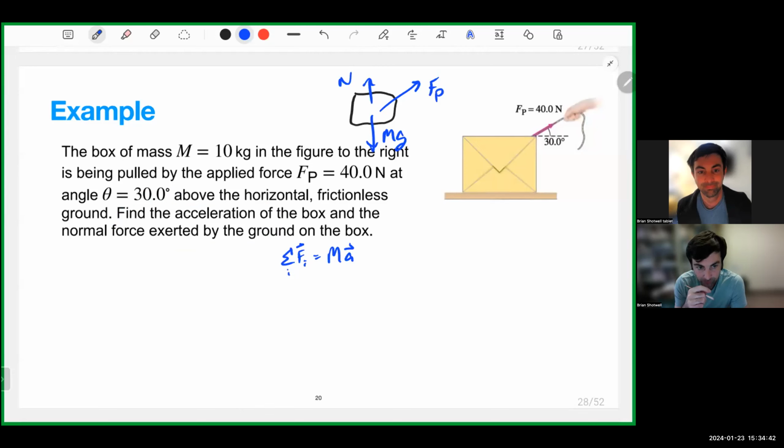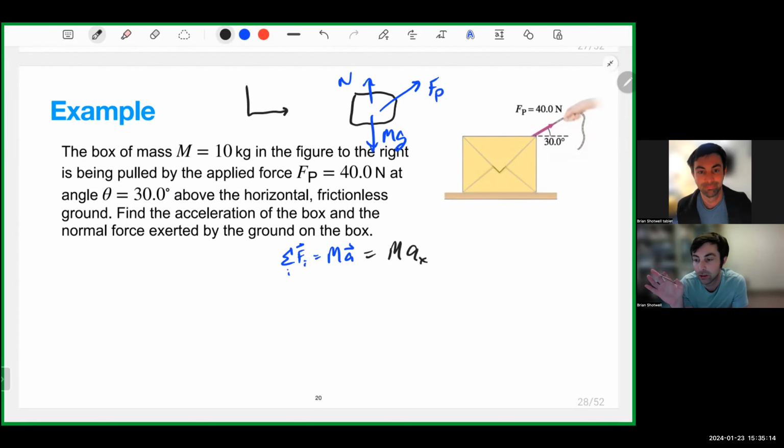However, it says that the box is being pulled by an applied force, and there's no mention of it lifting off the ground. And I guess they even told us that there's a normal force there. If it lifted off the ground, there would be no normal force. So the acceleration, we don't know its value, but we'll call it a.